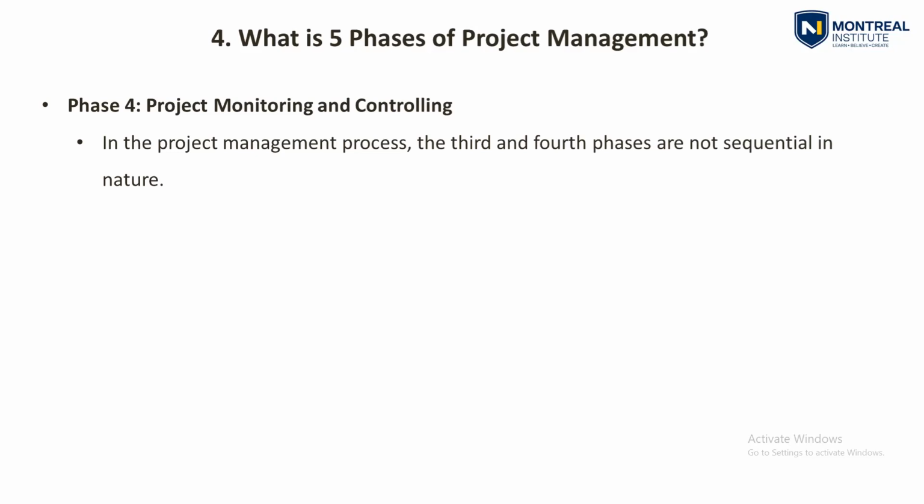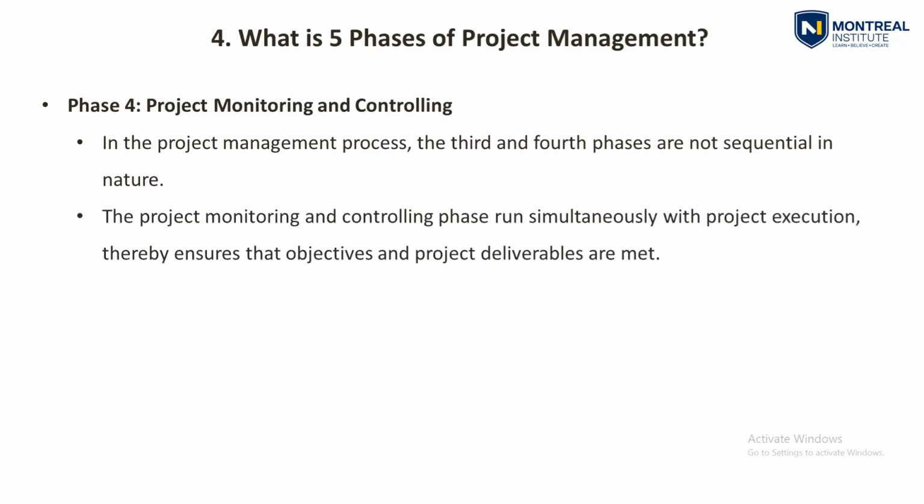No, it will be parallel, start to start, because you will start monitoring your project from the first day, not from the end of your construction period. The monitoring and control phase runs simultaneously with project execution, thereby ensuring that objectives and project deliverables are met.